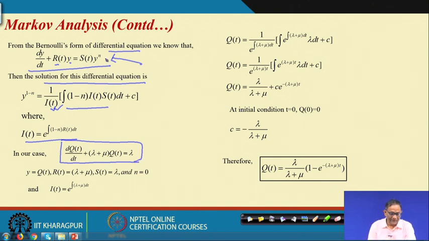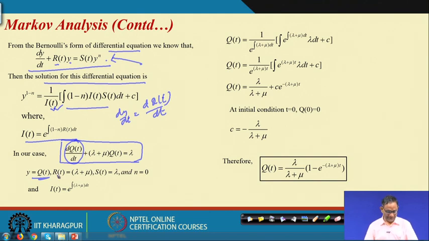So, first you do one thing: if I say that y is q(t), then dy by dt is basically dq(t) by dt.